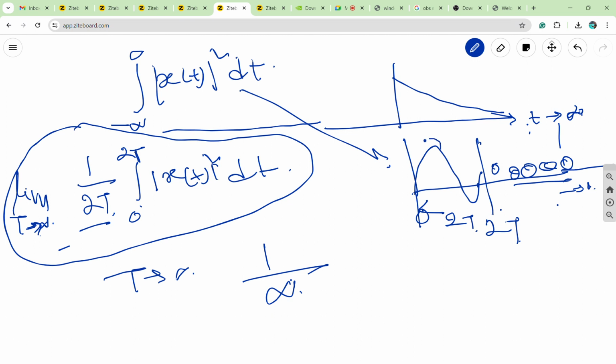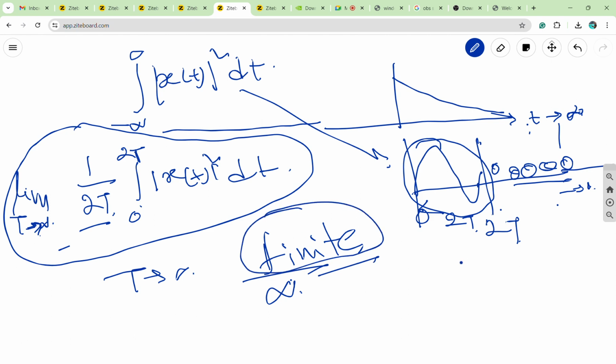This signal will have a particular energy for this finite instance. So this finite term is getting divided by the whole big time, and it converges to zero. That's why power becomes zero for this energy signal. Yes, sir.